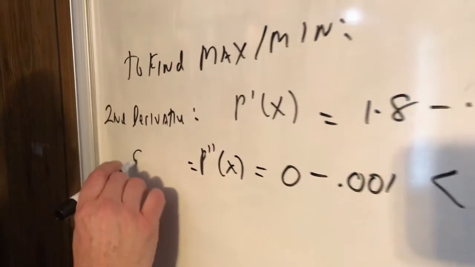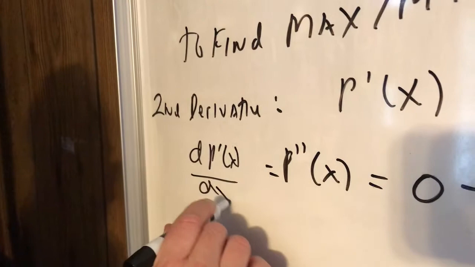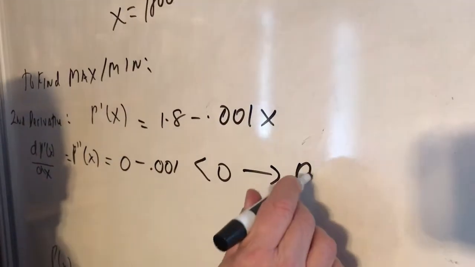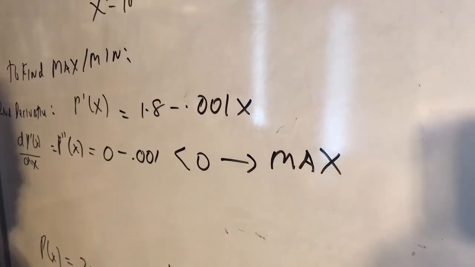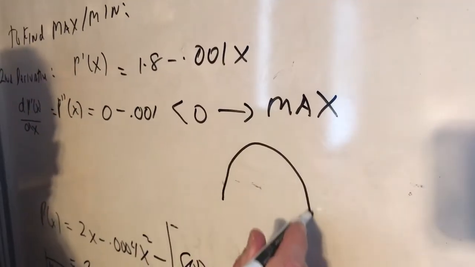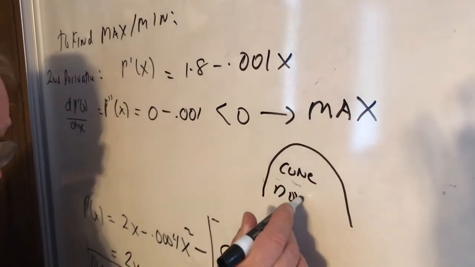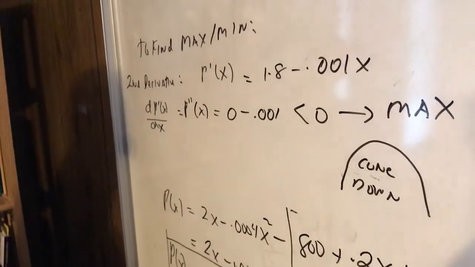This is the derivative of the first derivative with respect to the same independent variable. So this tells me that I'm at a maximum point. Why? Because when it's less than 0, we are concave down. So we have a maximum point.